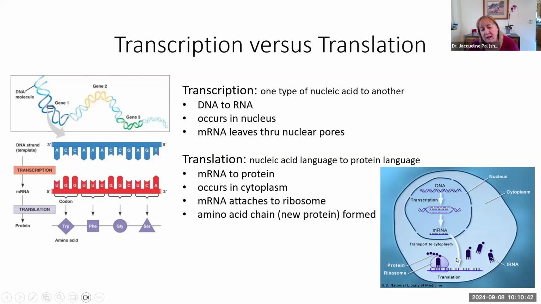And here are incoming transfer RNAs, and each one is bringing in a little amino acid to form a new protein chain. So transcription occurs in the nucleus, and then the messenger RNA exits, and translation occurs outside of the nucleus in the cytoplasm and will involve the ribosomes.